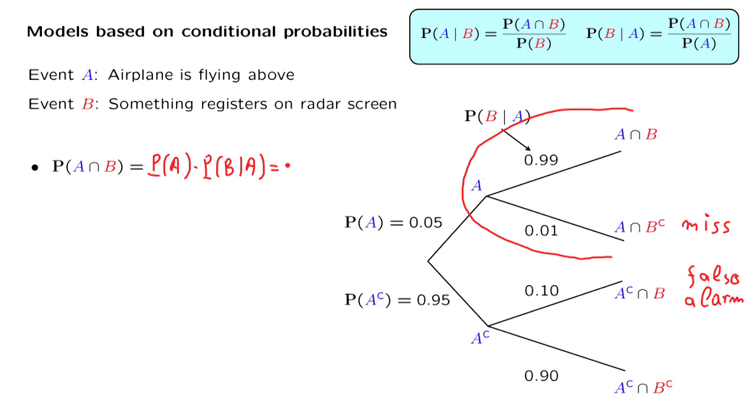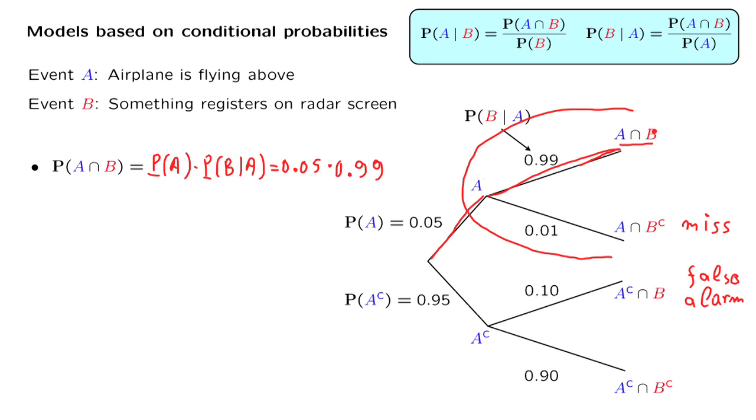And in our example, this is 0.05 times the conditional probability that B occurs, which is 0.99. So we can calculate the probability of this particular event by multiplying probabilities and conditional probabilities along the path in this tree diagram that leads us here.